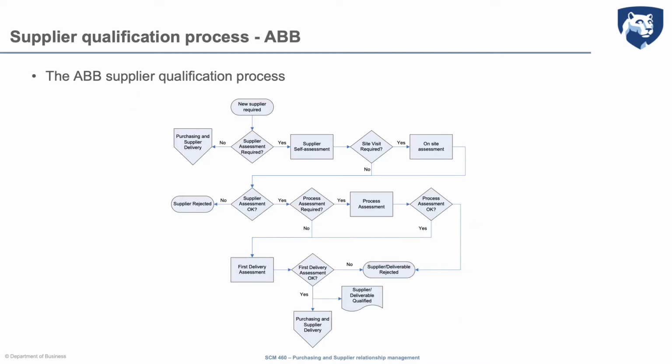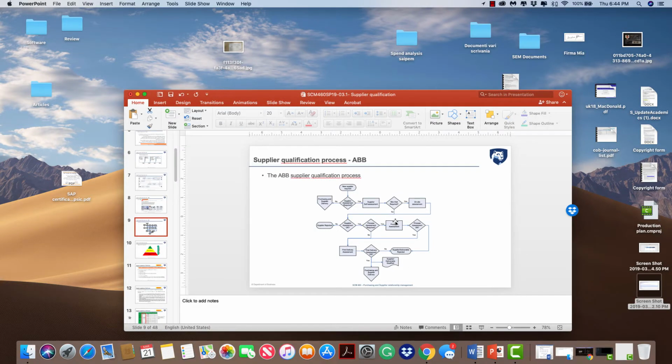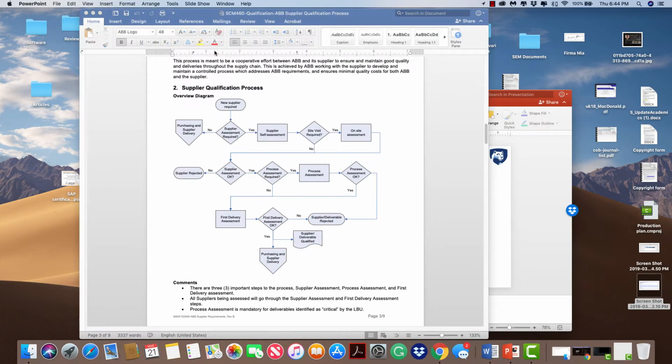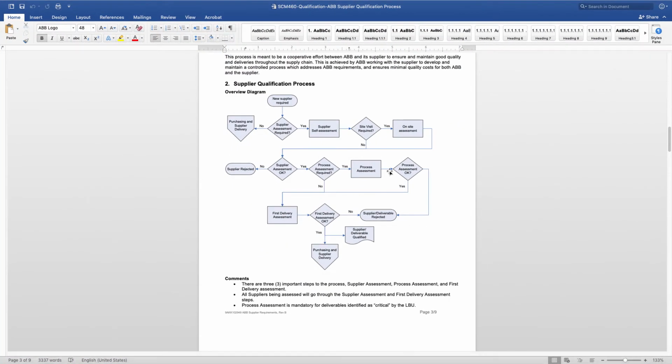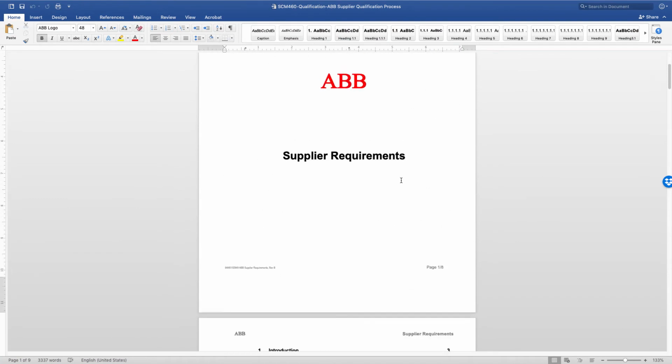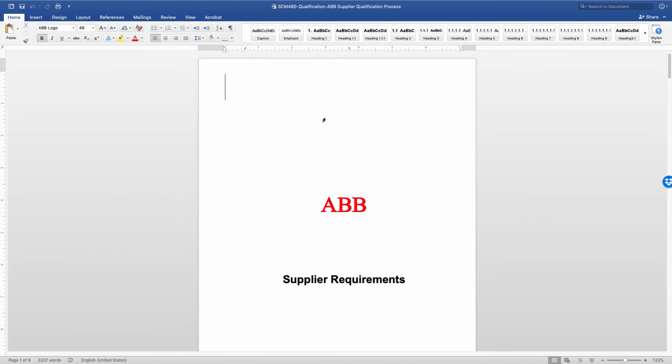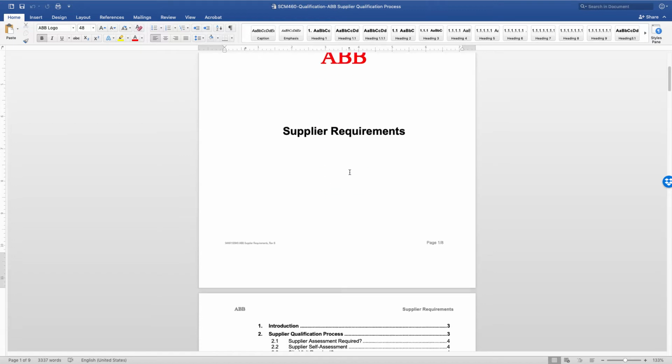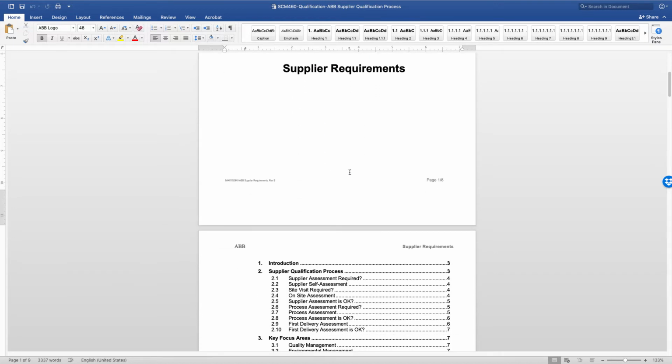Here is the qualification process of ABB. If you want to see some details about that, you have the complete supplier manual. That's an internal document, so please manage it with care. But I have uploaded the ABB supplier requirements and qualification process.